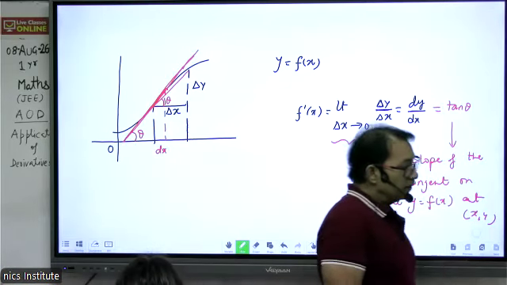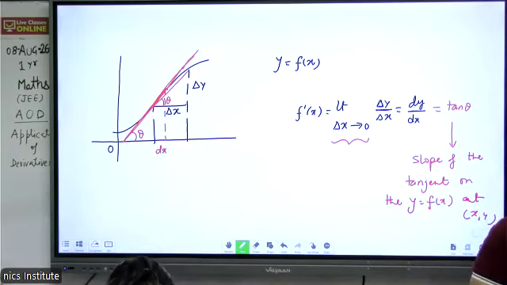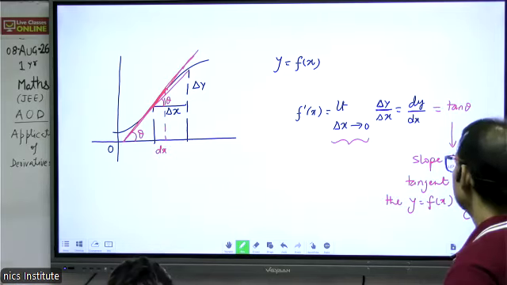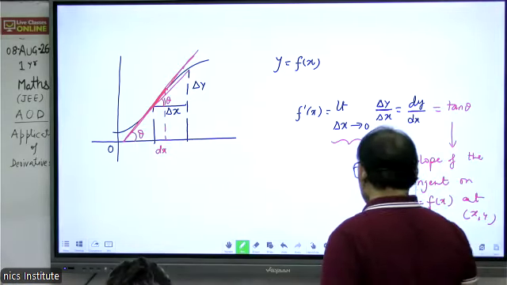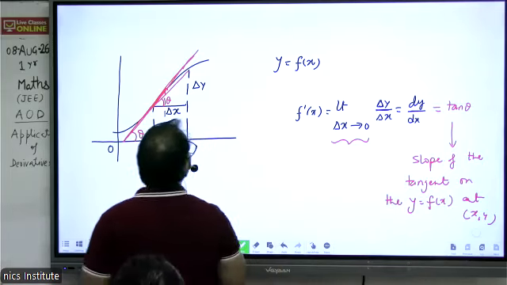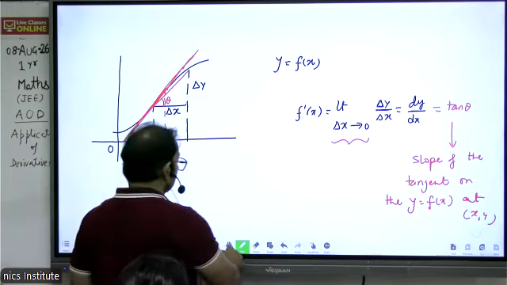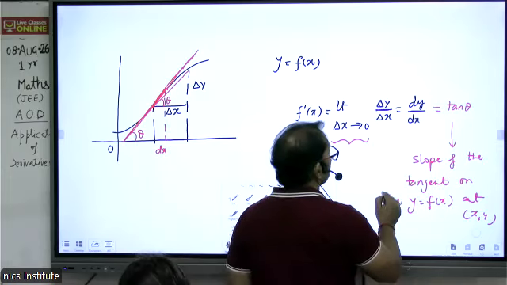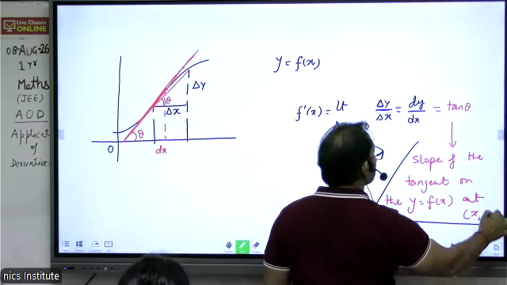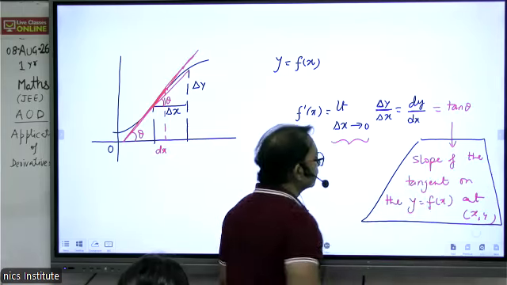So the derivative gives us the slope of the tangent drawn on the curve at that particular point. That is the meaning of derivative or dy by dx. So this is what you're going to use.